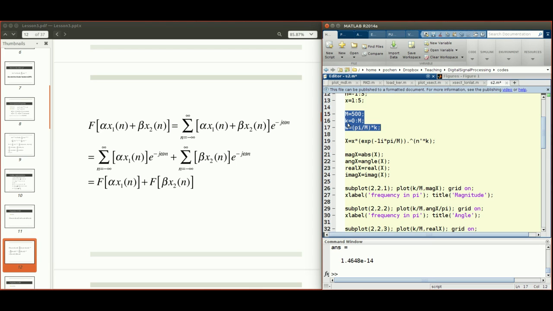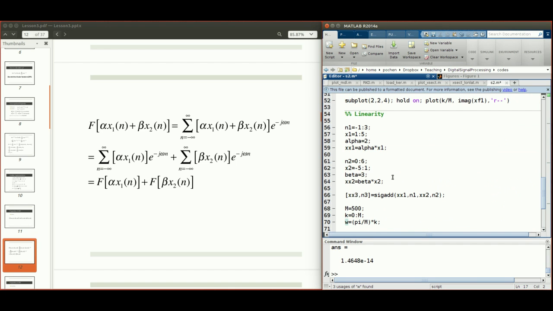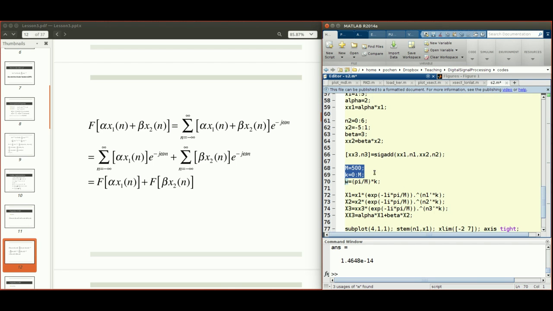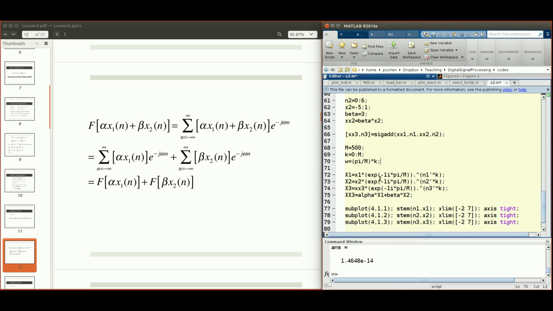501 samples, k goes from 0 to big M, and then that's my frequency omega, w basically, right? I'm using basically the same horizontal axis, so w still goes from 0 to pi. Then I do my Fourier transform for x1, right? That's my formula.